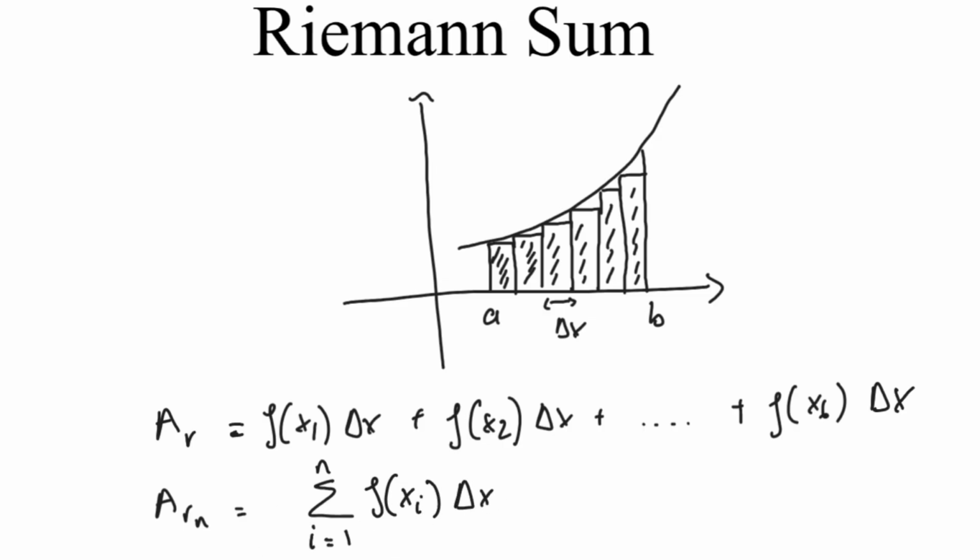I write this formula in summation notation. So if we have n rectangles, our calculation will be more accurate. If we have 1,000, 10,000, an infinite number of rectangles, those empty areas will be covered up, so the total area of the rectangles will be approximately the area under the curve.